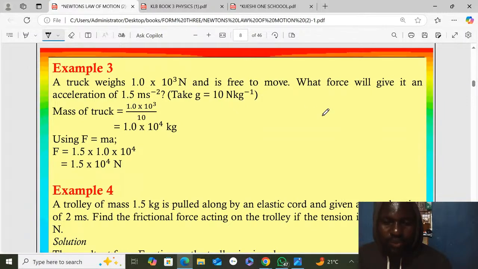A truck weighs 1.0 times 10 raised to power 3 newtons and is free to move. What force will give it an acceleration of 1.5 meters per second squared?